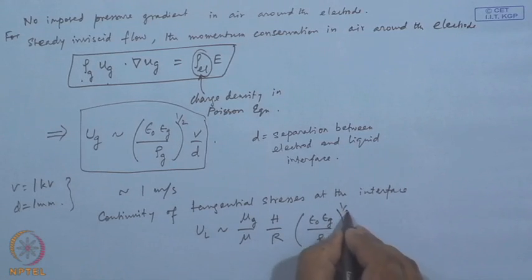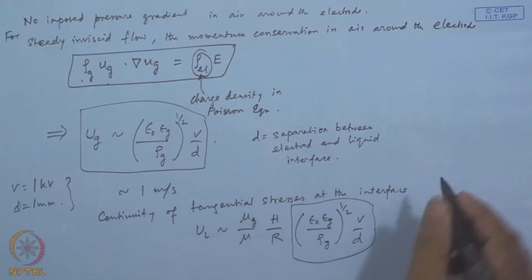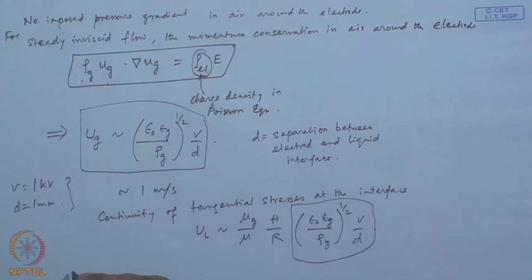So this was already there, and then you multiply this. Mu g is the viscosity of the gas and mu is the viscosity of the liquid. So, that is the ratio, basically viscosity of gas divided by viscosity of liquid, and H by R, H is the depth of the liquid chamber. We are talking about a liquid chamber, right. So, H is the depth of that liquid chamber and R is the radius of the chamber.